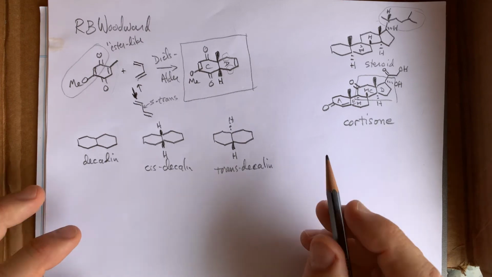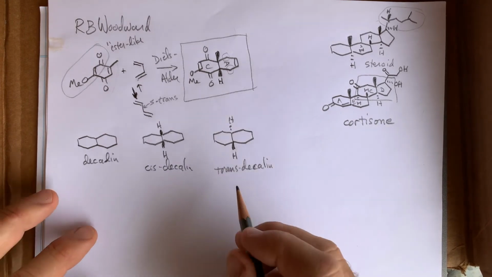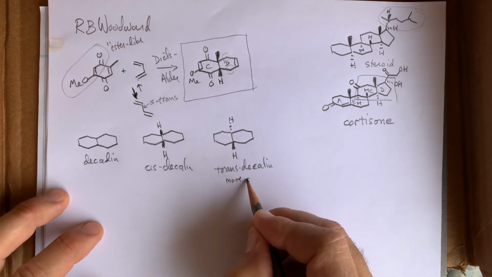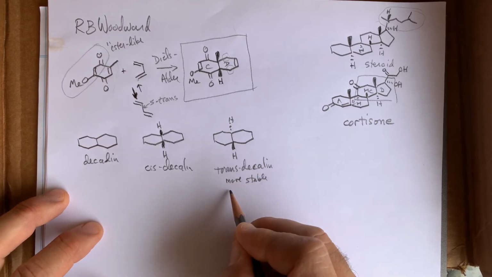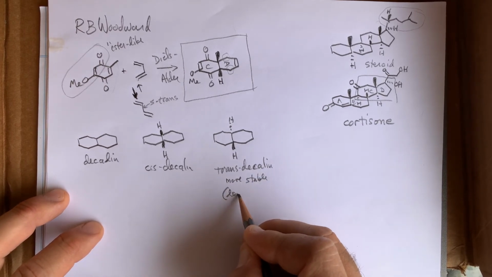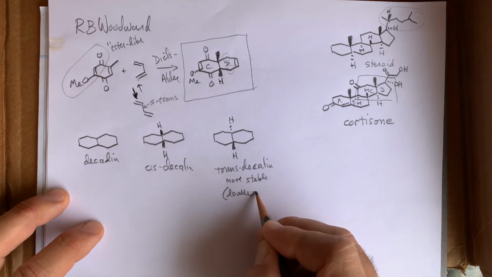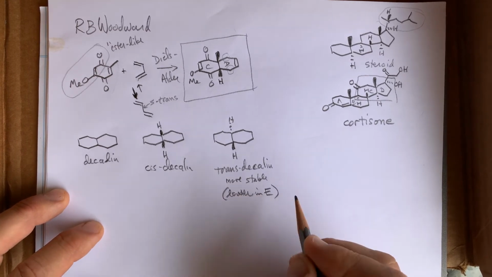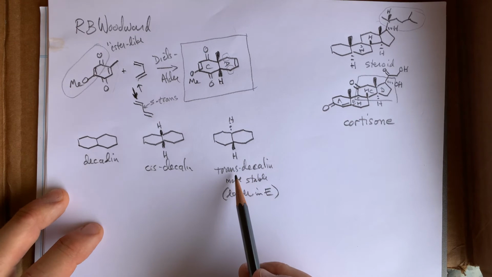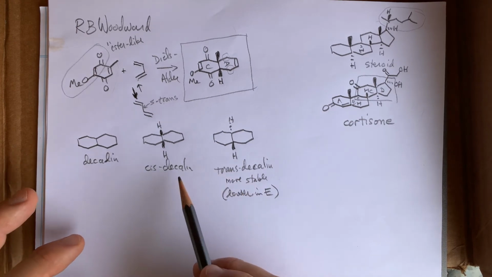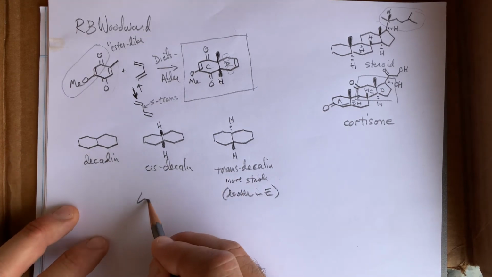All right. Now, one thing we know is that the trans decalin is more stable, lower in energy, than the cis decalin. Now you can think about it this way.